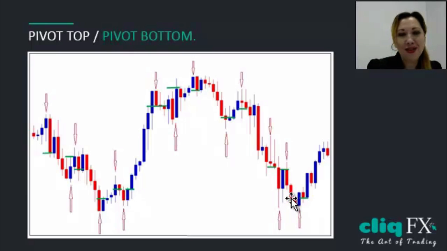So we enter the market in the fourth candle, have our profit, and soon we have the opposite signal. You see the signals; maybe the characteristic of these pivot top or pivot bottom is they have lots of signals. And sometimes you need to choose whether to take them or not.